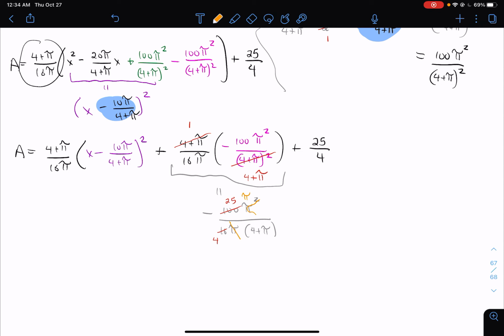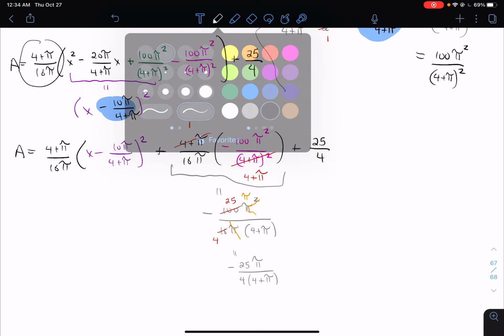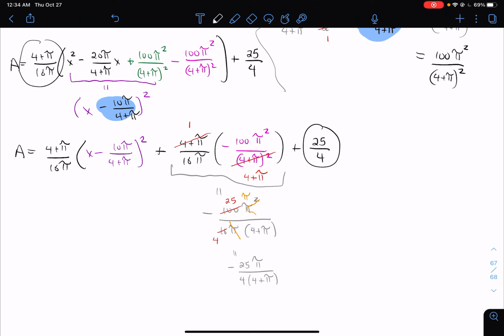Okay, so what do I have here? So this becomes negative 25 pi over 4 times 4 plus pi. All right. And I'm going to have to add this to the 25 over 4. So I'll have to get a common denominator.